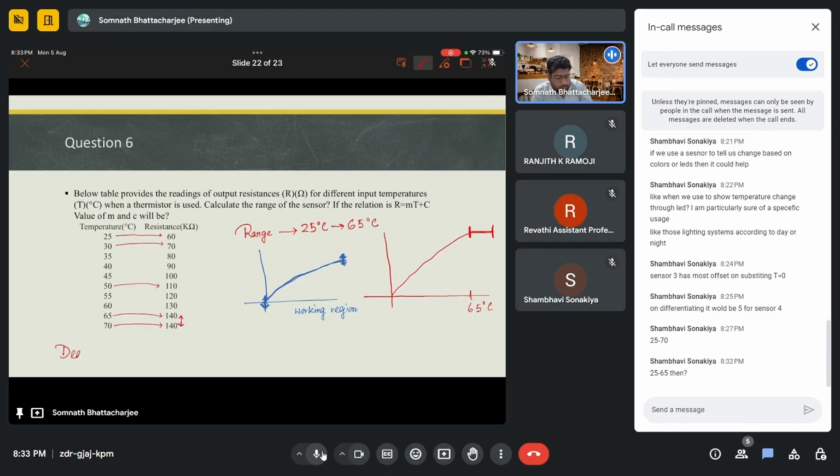So can you tell me the values of dead bands? Where are the dead bands located?